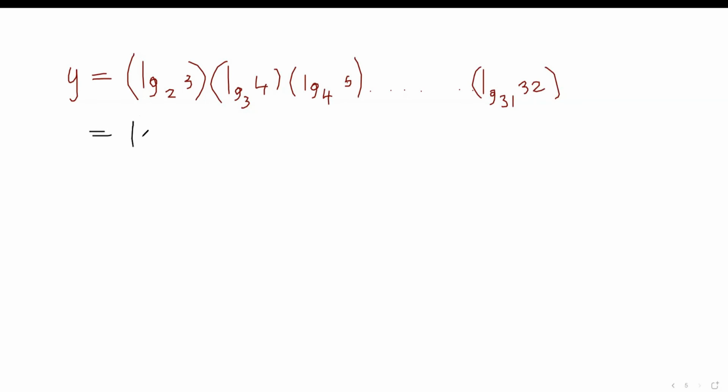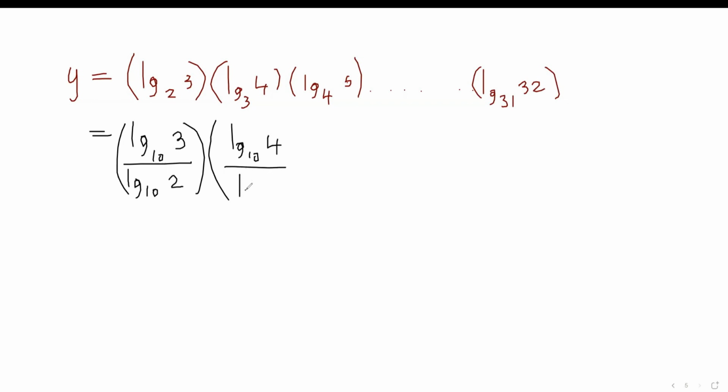So I rewrite this as log to base 10 of m. M is 3. So it's log 3 over log to base 10 of n, which is pretty much log to base 10 of 2. Close that bracket. That is then being multiplied by, we change this now to log to base 10 of 4 divided by log to base 10 of 3.